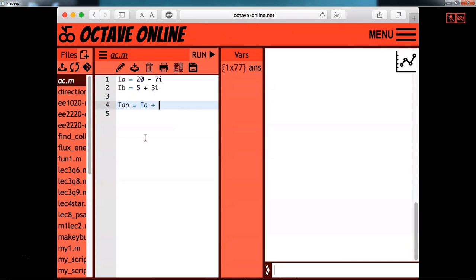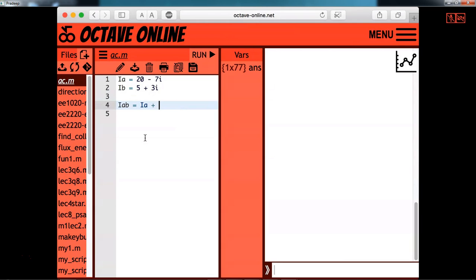Let's calculate in the polar form. So how to calculate polar form? So IAB. So what I can do is I open a bracket and then say absolute value of IAB and then angle of IAB. And then this I multiply by 180 and divide by pi for converting into polar form.